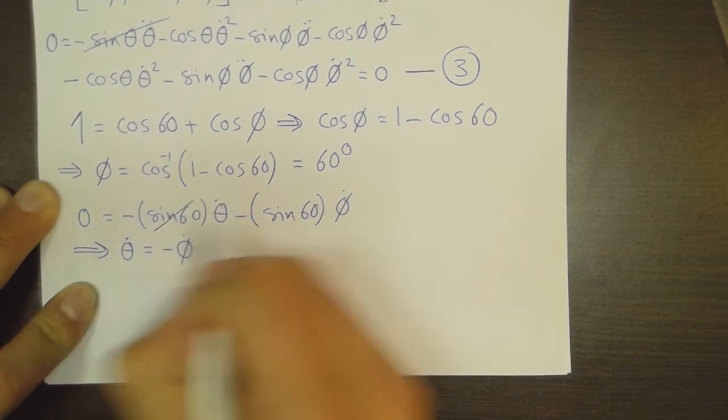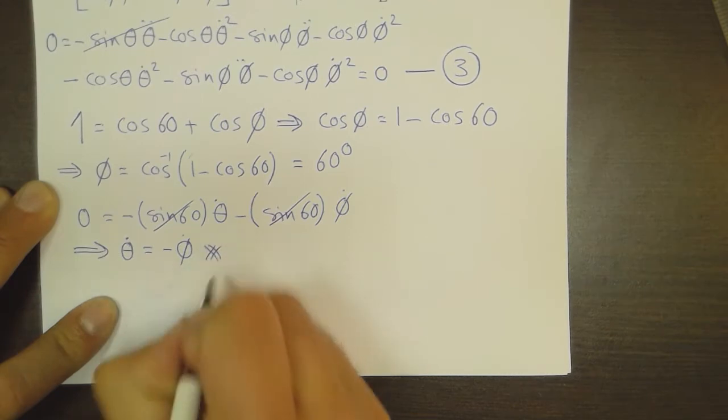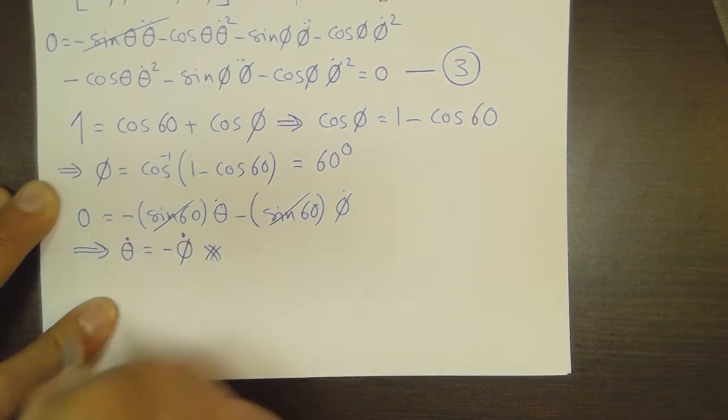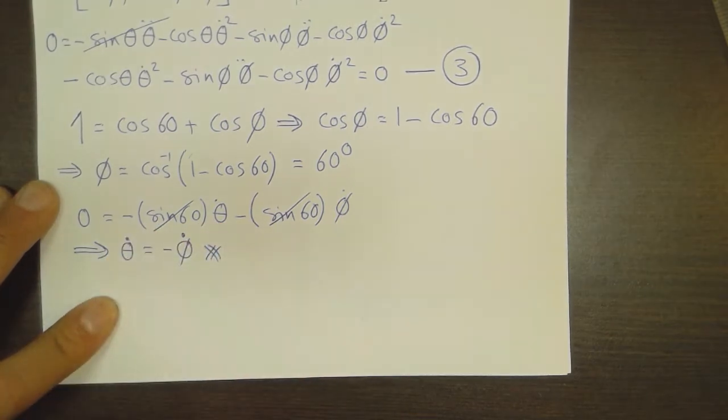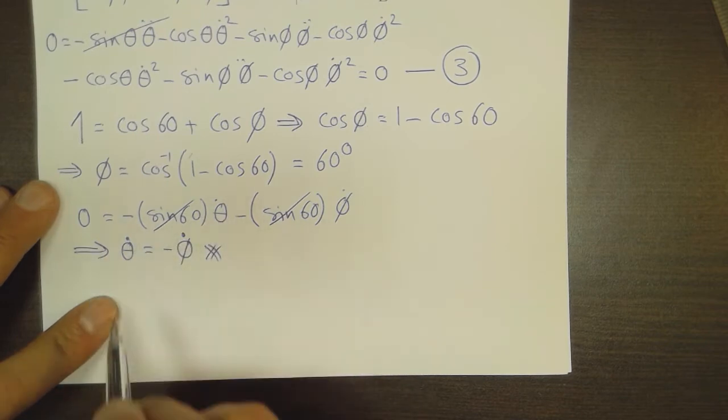So the angular velocities are equal but opposite. They are just opposite in sign, but they are equal.